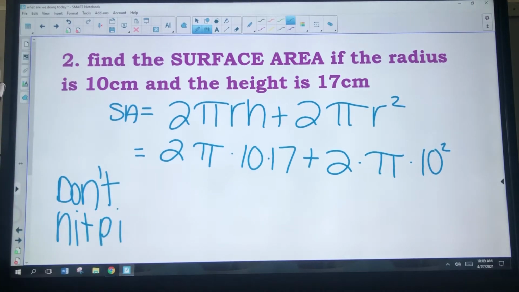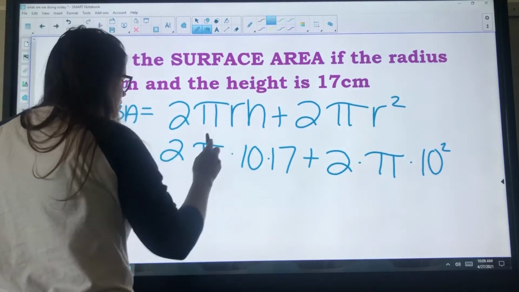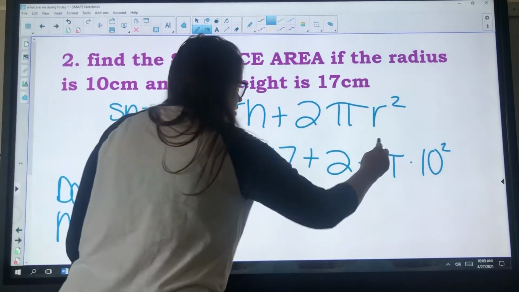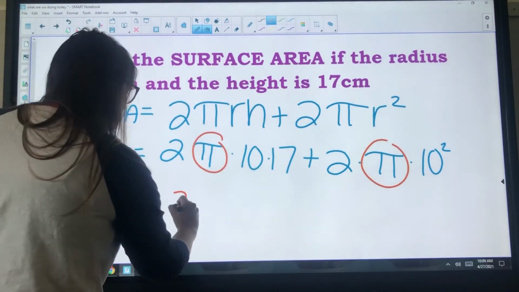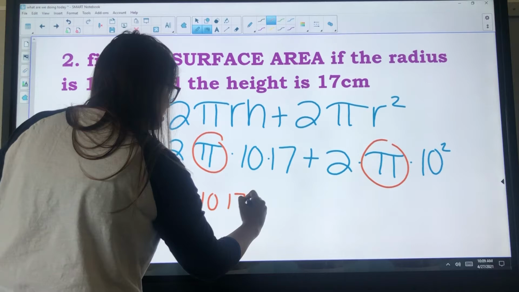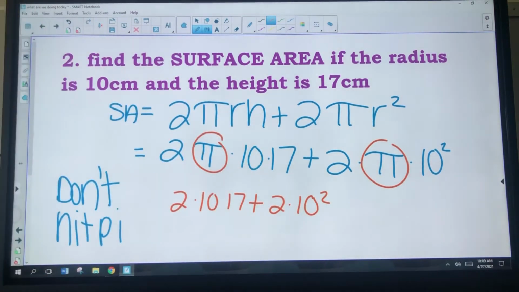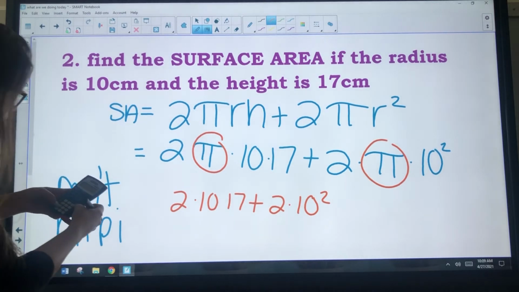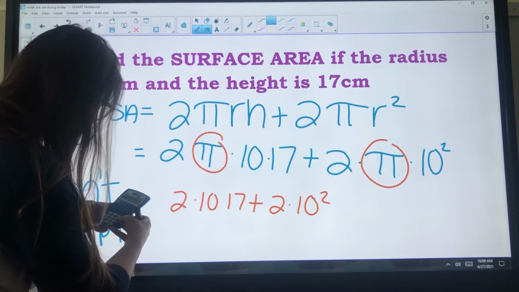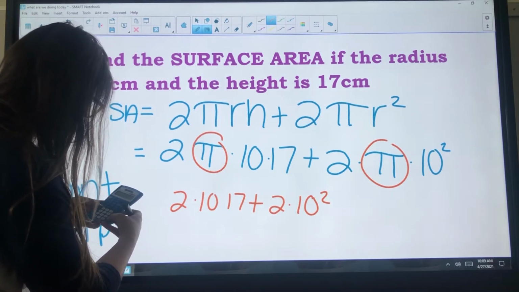Just hit 2 times 10 times 17 plus 2 times 100 and leave pi in your answer. 2 times 10 times 17 plus 2 times 10 squared.